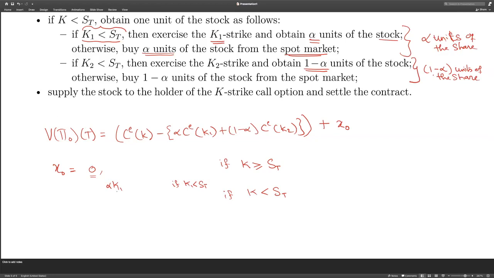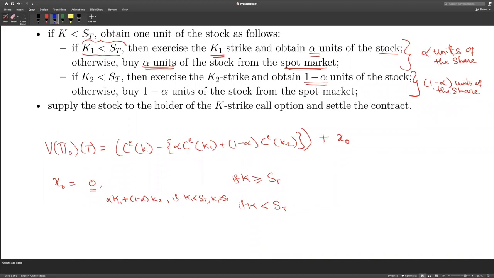So from K1 strike, you will be spending alpha times K1 if K1 is less than ST, and 1 minus alpha times K2 you will be spending if the other one is also true, K2 is less than ST, right? And similarly, if K1 is less than ST, but K2 is greater than or equal to ST, you will be exercising the K1 call option.